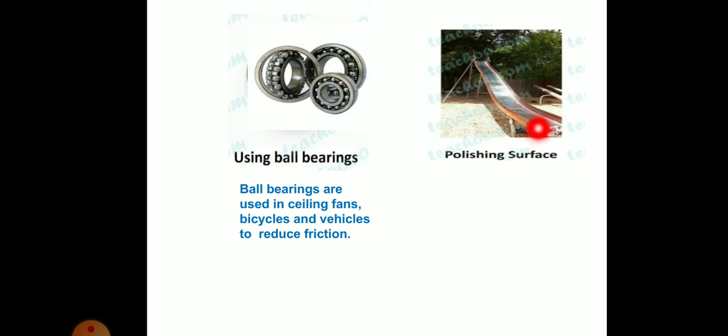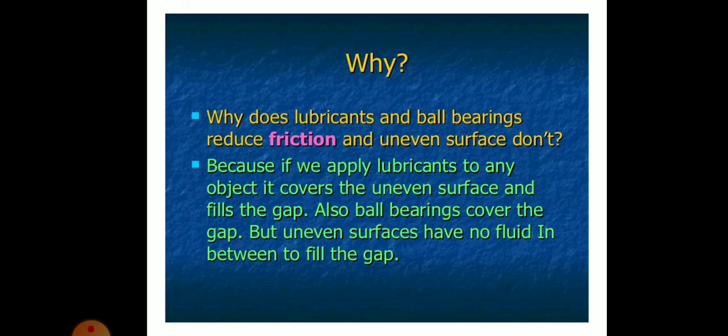The smooth surface in turn offers very little friction. So the example for polishing a surface is that slides are highly polished so as to reduce friction, due to which the children can slide on the slide easily. Okay, so it reduces the friction.